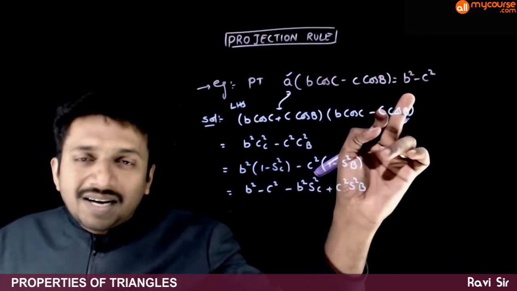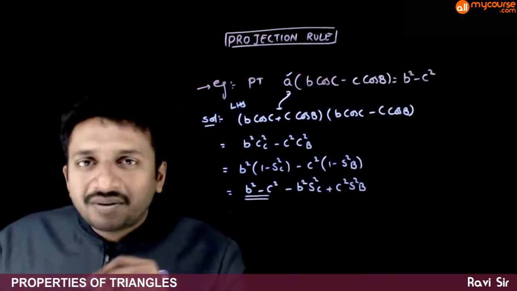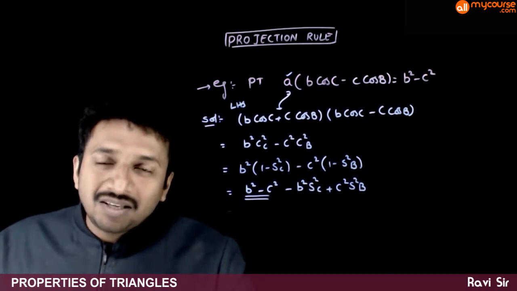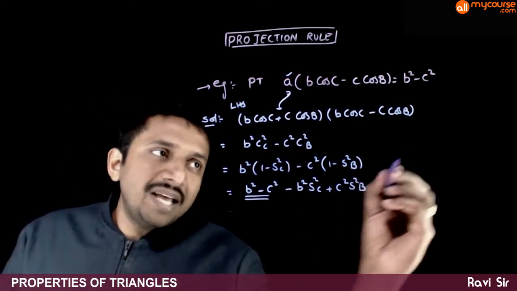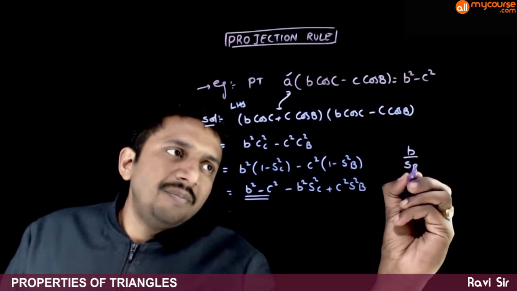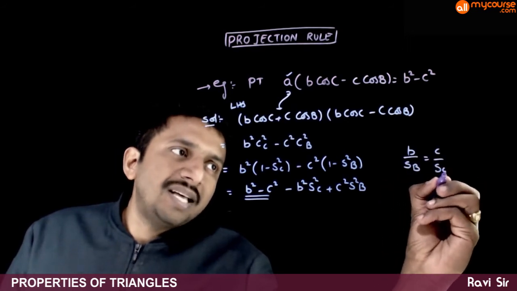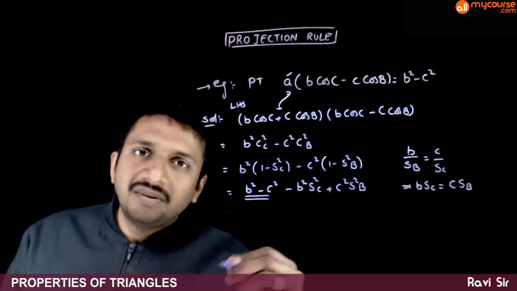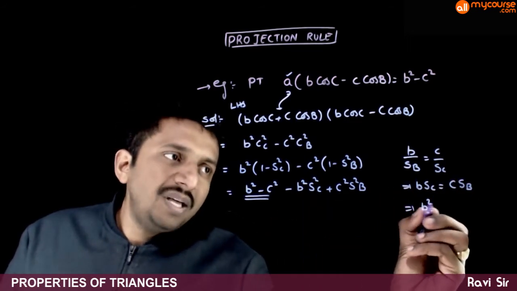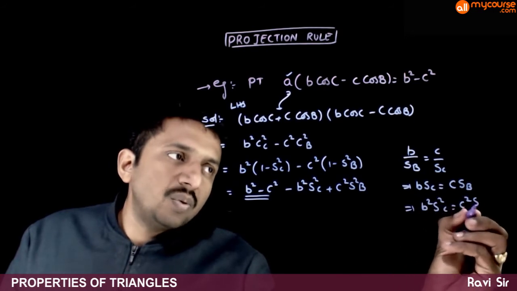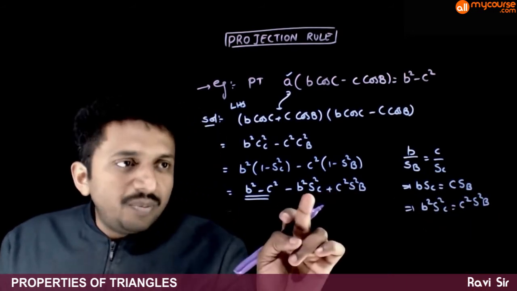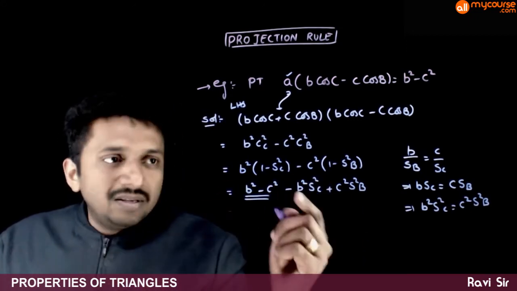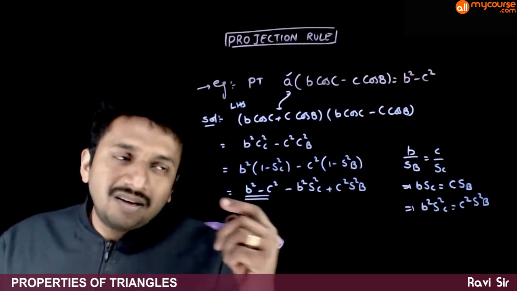But I want the right hand side to be exactly B square minus C square. So I hope these two cancel each other. Yes, they cancel each other by sine rule. So from sine rule we know that B by sine B is equal to C by sine C. This implies B sine C has to be equal to C sine B. So if you square it on both sides, B square sine square C is equal to C square sine square B. So one term has a plus, the other term has a minus.